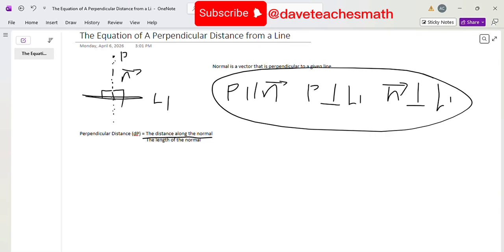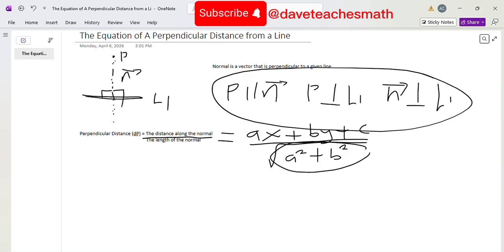We can write it in this equation form: ax plus by plus c all over the square root of a squared plus b squared, where a and b are the coordinates of the normal vector.